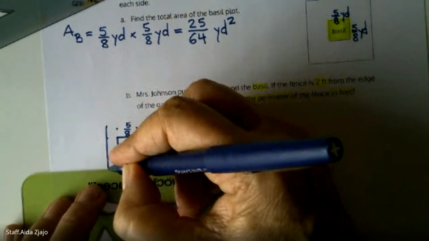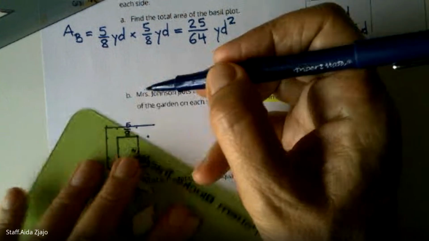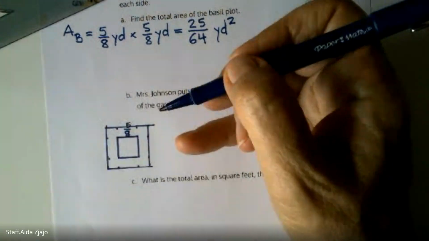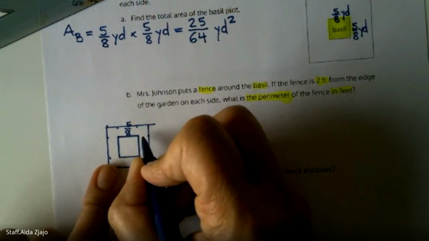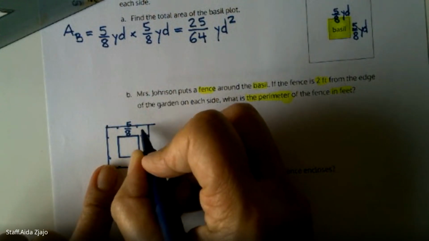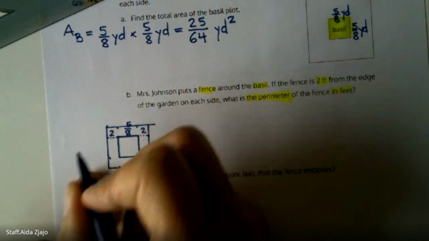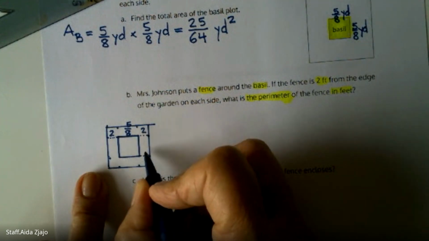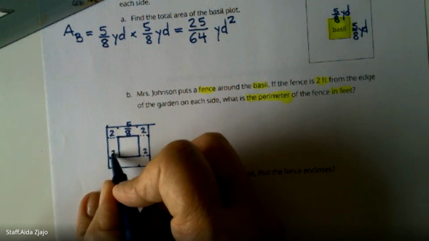So it's 5/8, so I need here to add 2 more feet, and here 2 more feet, and here 2 more feet, here's 2 more feet.